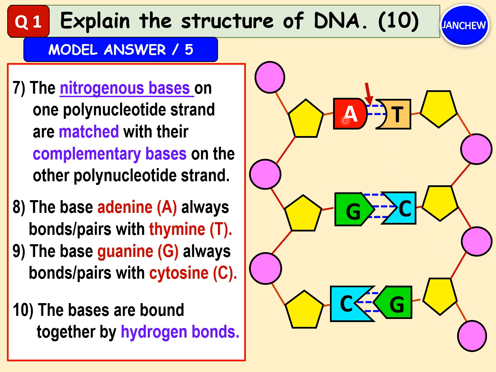The base adenine always bonds or pairs with thymine, and the base guanine always bonds or pairs with the base cytosine. The bases are bound together by weak hydrogen bonds. And that explains the whole structure of DNA. Each point is 1 mark, like number 8, 1 mark, number 9, 1 mark, and so forth.